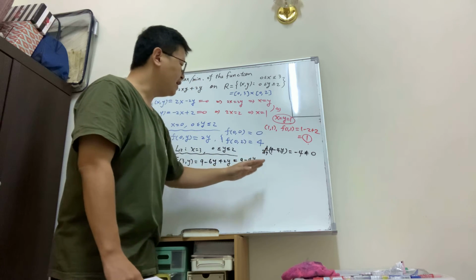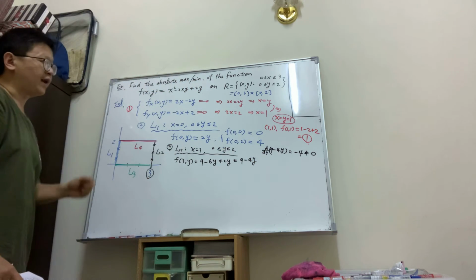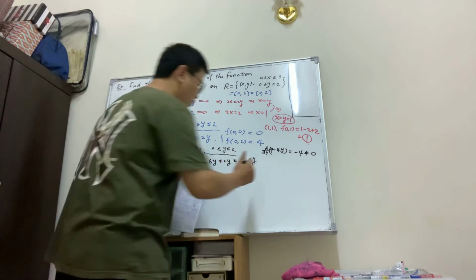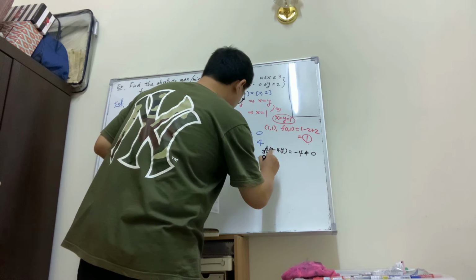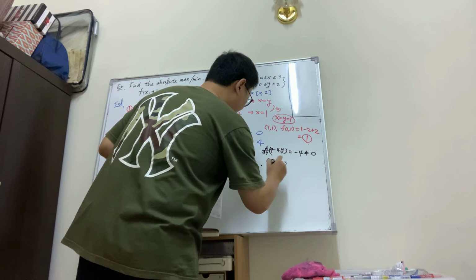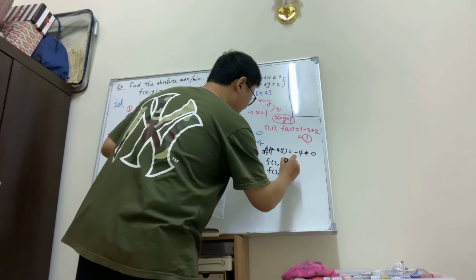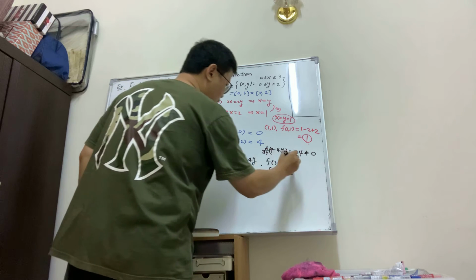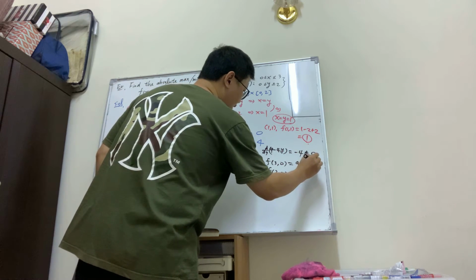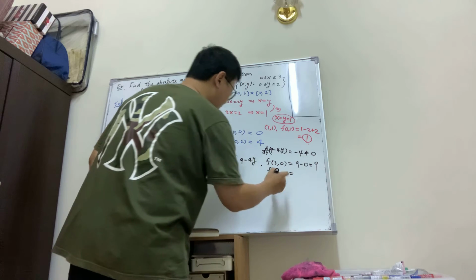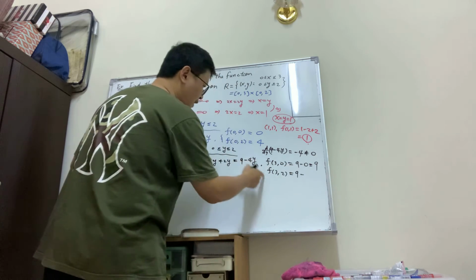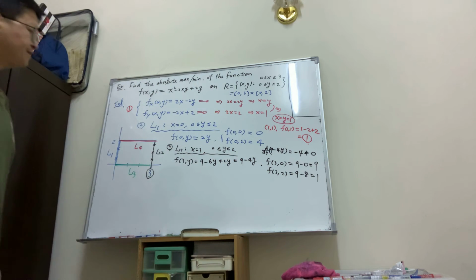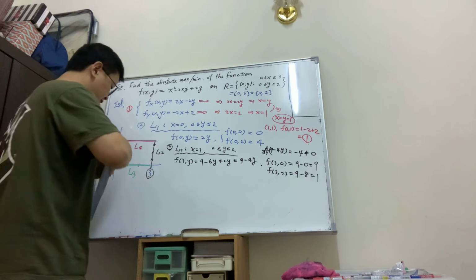So we just need to consider the boundary cases, f of 3, 0 and f of 3, 2. The first is 9 subtract 4 times 0, so it's 9. The second is 9 subtract 4 times 2, so it's 1. Okay? So it's the third case.